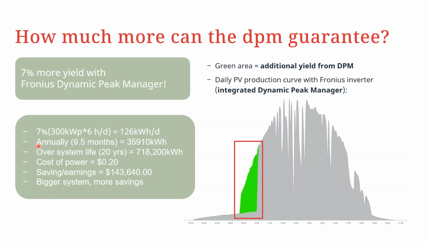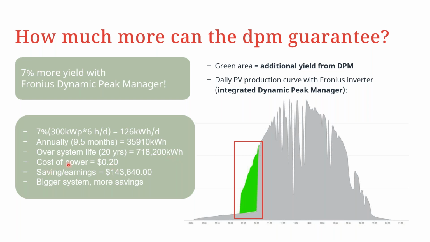Extrapolating further, assuming that you are going to operate for about 9.5 months per year, it means that with a Dynamic Peak Manager you are able to guarantee additional yield of at least 36,000 kilowatt hours. And over the life of the system, which in this case we've taken as about 20 years, you can guarantee about 718,000 kilowatt hours.